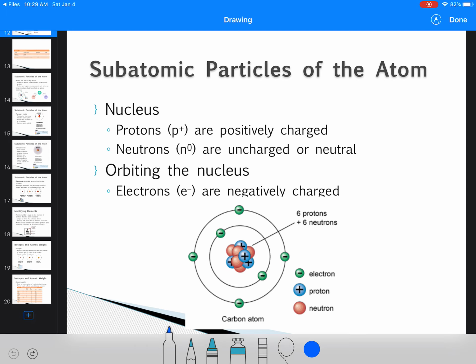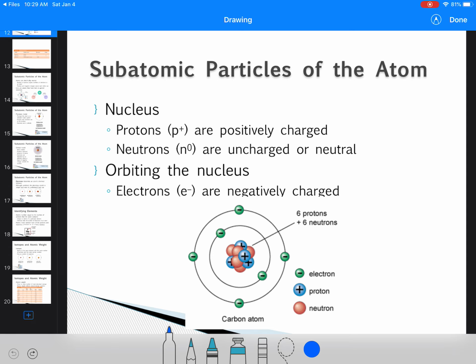Okay. So this is just showing you a picture of an atom where those subatomic particles are found. Now also keep in mind that I told you guys that if that outer valence shell is not full, then that means that atom is going to be reactive, and it's going to want to interact with other atoms and either give up electrons to other atoms, or maybe take electrons from other atoms, or sometimes they might share electrons, okay?